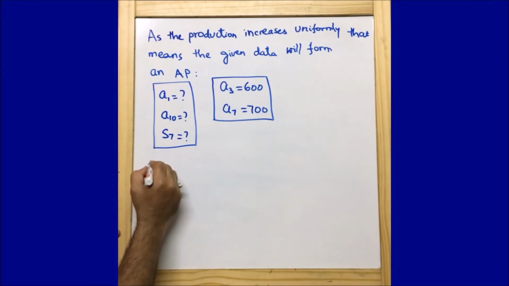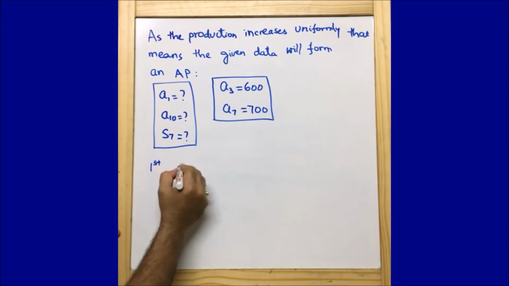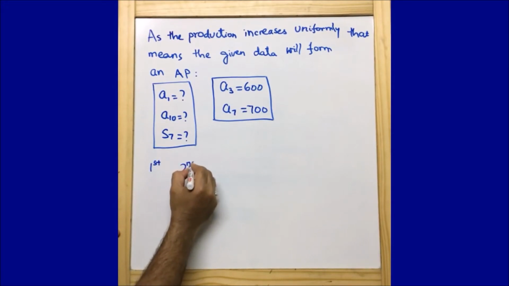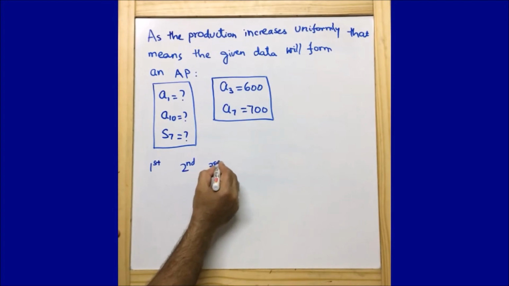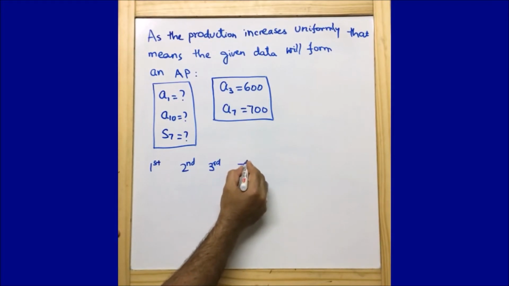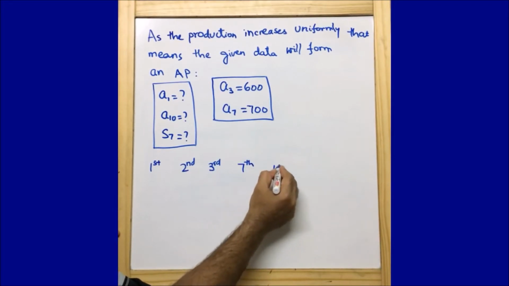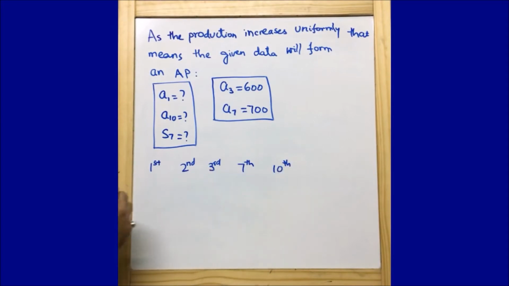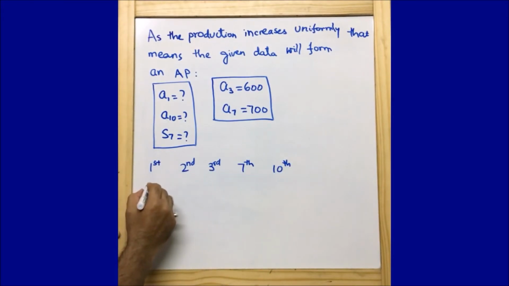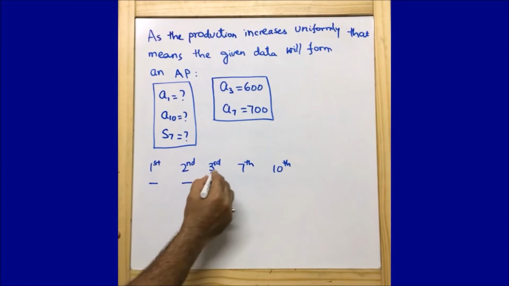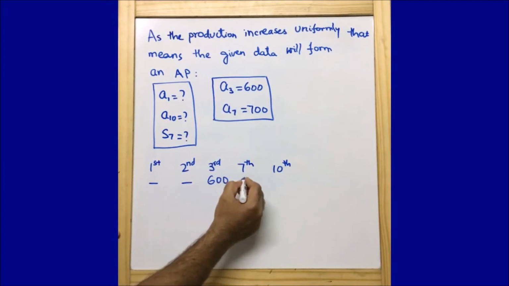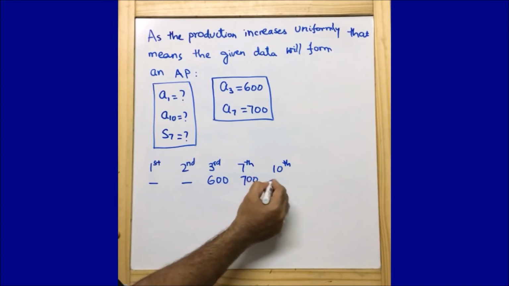Now let us put the things in a tabular form. Whatever we have: first year, second year, third year, 7th year and 10th year, because till the 10th year we have the info. First year we don't have any data, second year we don't have any data, third year we have 600, 7th year we have 700, and the 10th year we don't know.